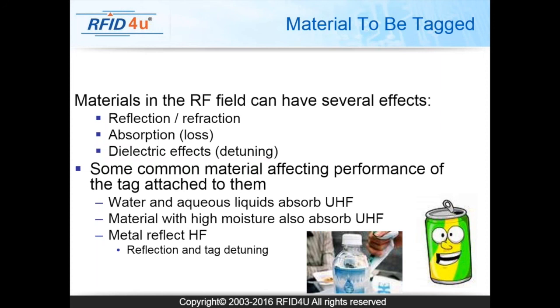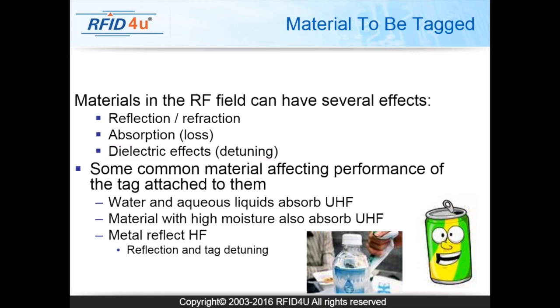What this means is that when the RF tag is attached to a given material, that material can detune the reflected wave. Remember, we send out the carrier wave from the reader. The tag antenna reflects back the wave, called backscatter.